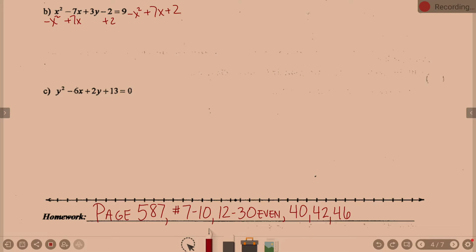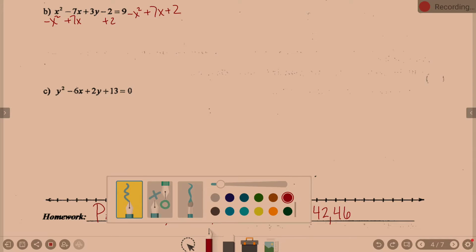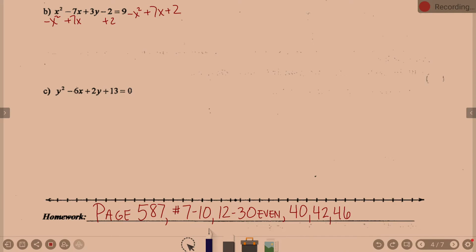Or move your 3y and make it negative 3, but I would prefer keeping a positive 3y. So I moved everybody over. When I clean that up, I'm going to have 3y equals negative x squared plus 7x plus 9 and 2 adds to be 11.